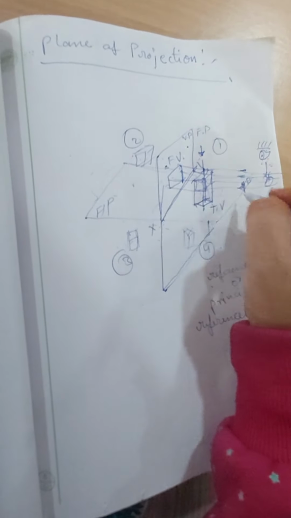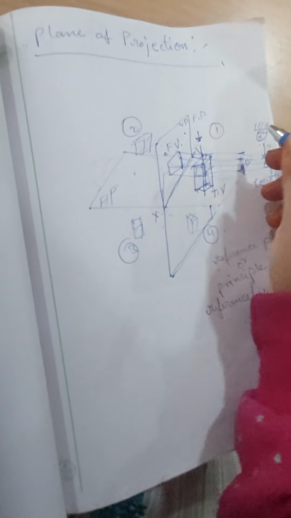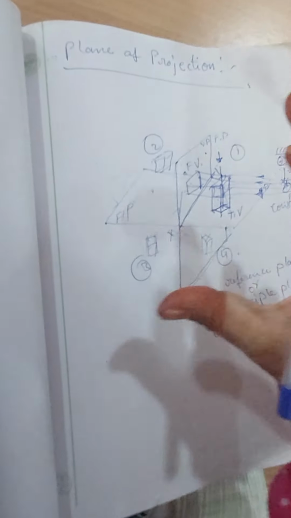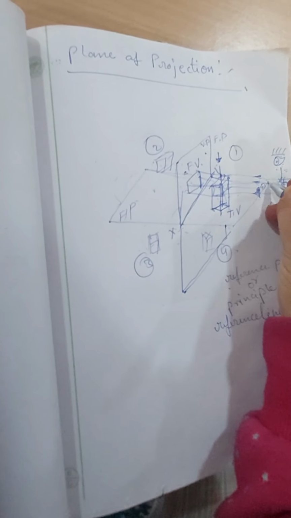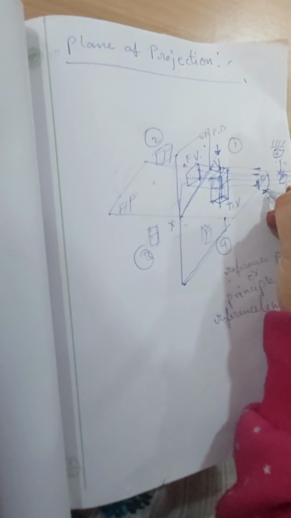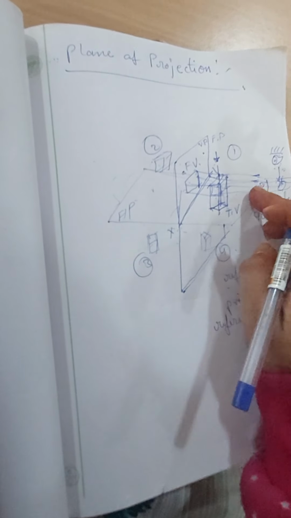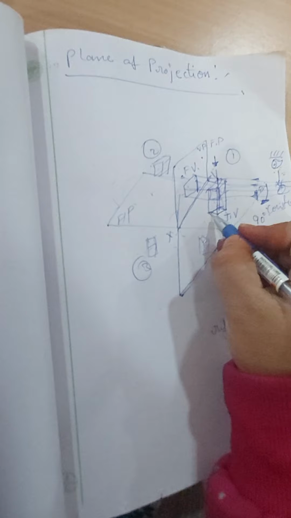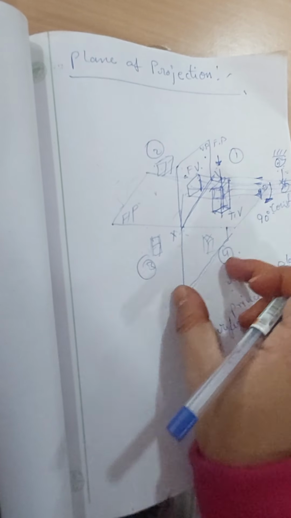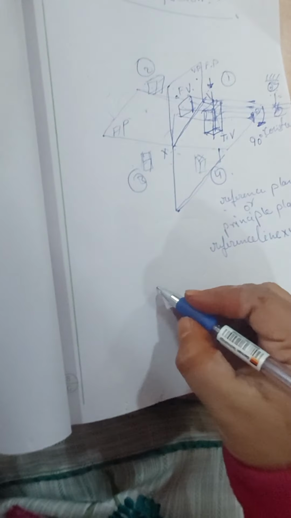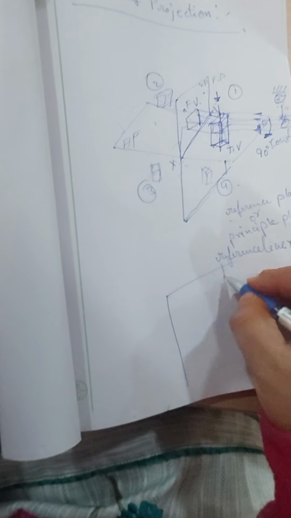Okay, after projecting the object in different views, to get all the views in a single diagram, we have to rotate this horizontal plane in a clockwise direction by 90 degrees. If we rotate it by 90 degrees, this HP will come below the VP. Means after rotating, the planes will be like this.